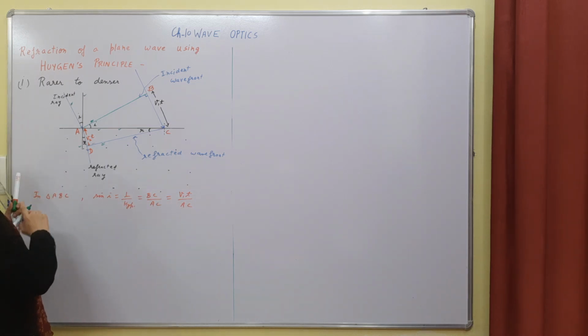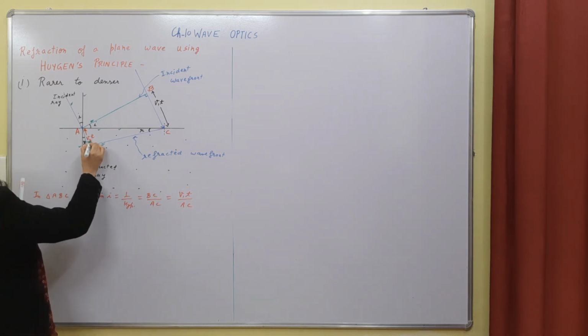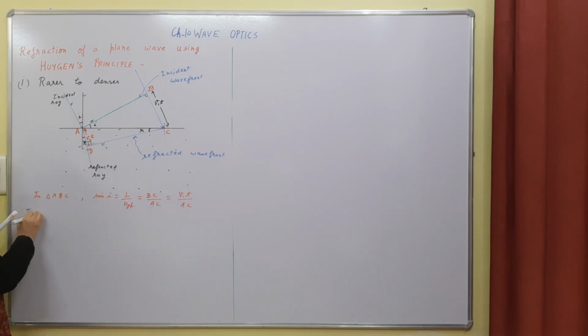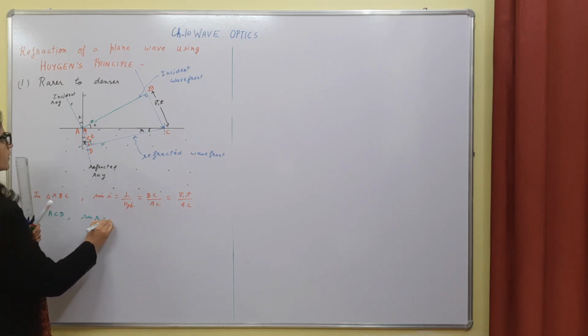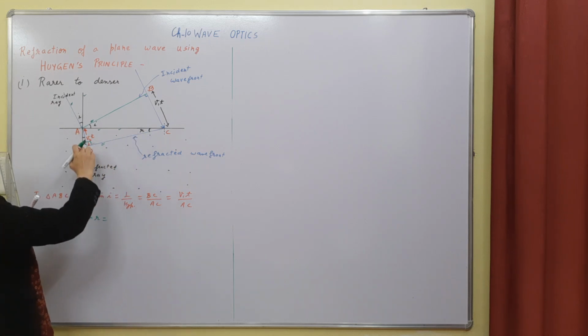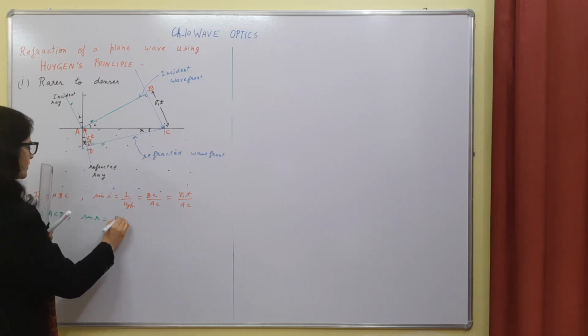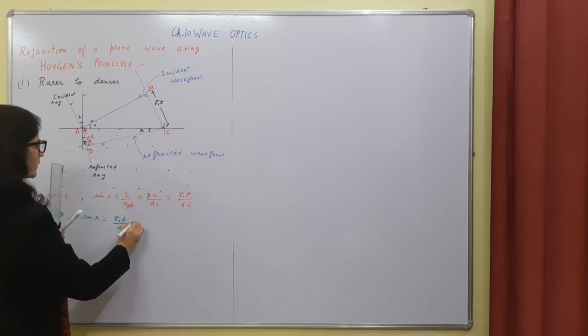Similarly, we know that this angle is 90 degrees, between the refracted ray and refracted wavefront. So in triangle ACD, sine R is again perpendicular upon hypotenuse. So the perpendicular is V2T upon AC, right?